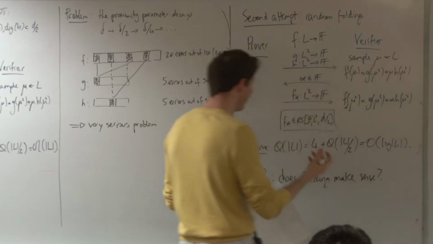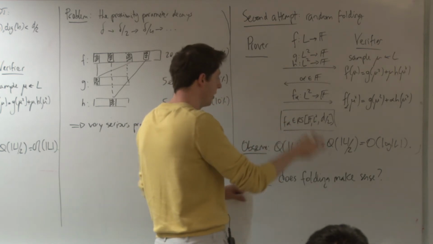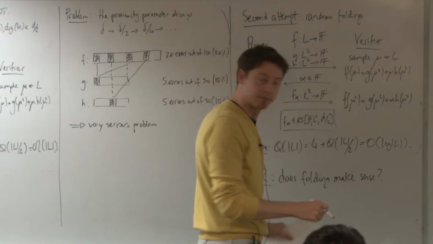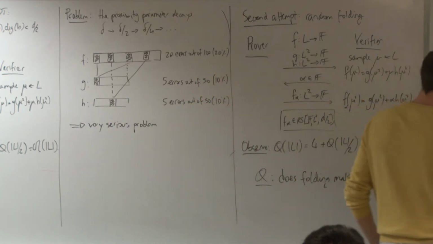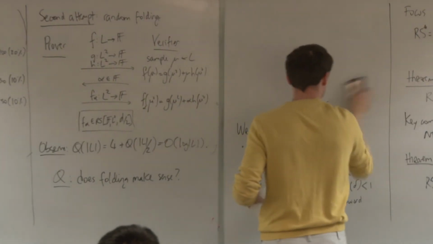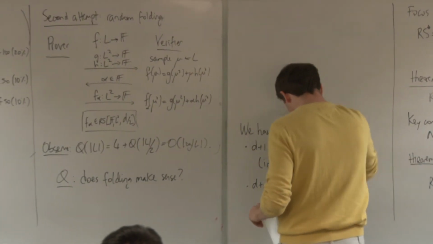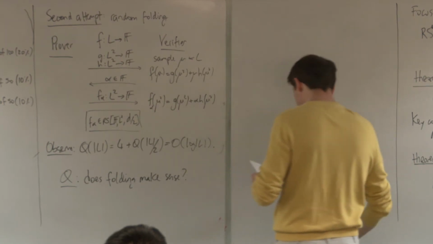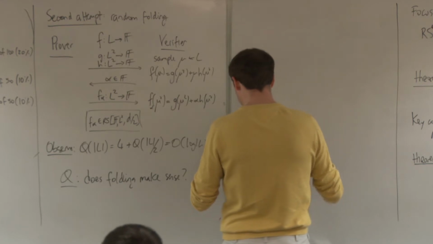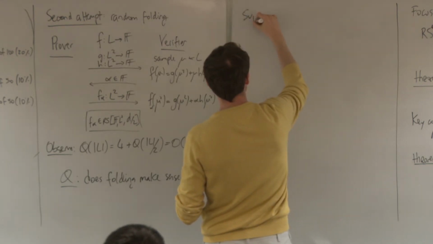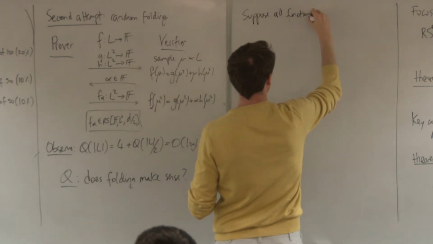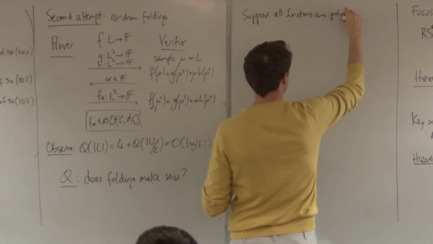The reason why I'm calling it folding is because I'm kind of folding G on H around the pivot alpha, right? So suppose all functions are actually polynomials, no errors.